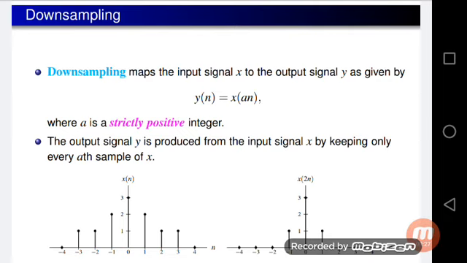From the left side diagram, the pulse amplitude is very high compared to the right side diagram. So by using down sampling, it will decrease the size of the signals, or decrease the amplitude of the signals.